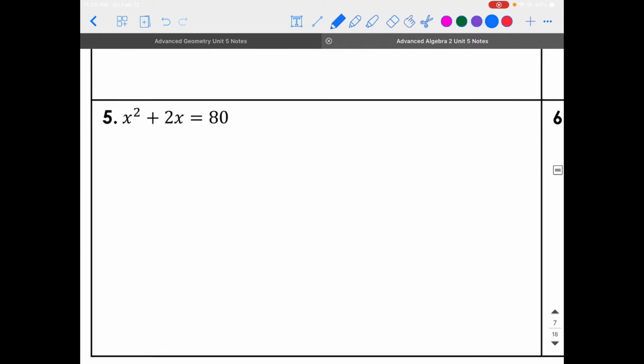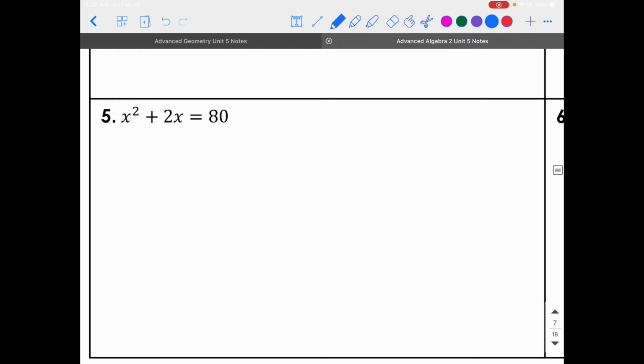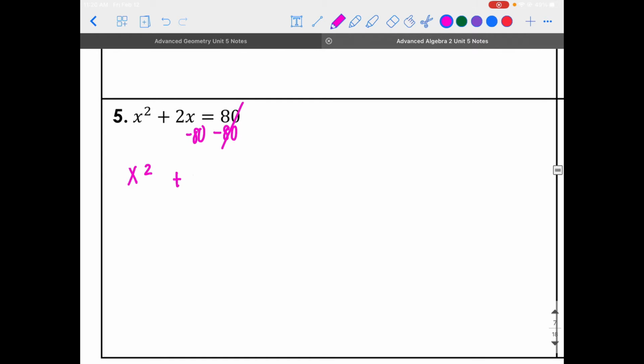All right, number 5, notice it's not set equal to 0. And so I need to bring this 80 to the other side, and I'm going to do that by subtracting 80. And I get x squared plus 2x minus 80 equals 0.